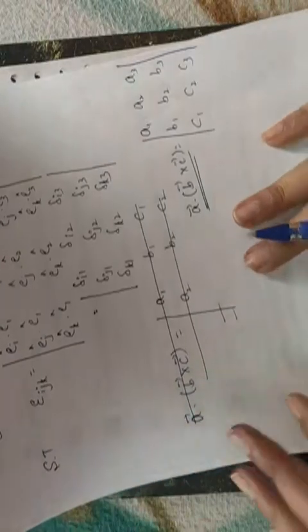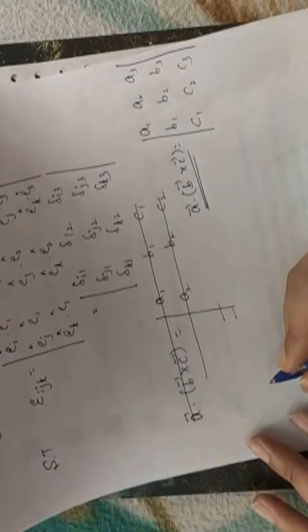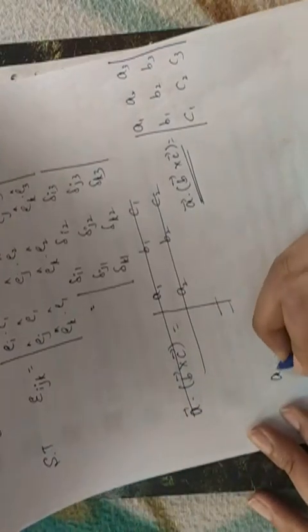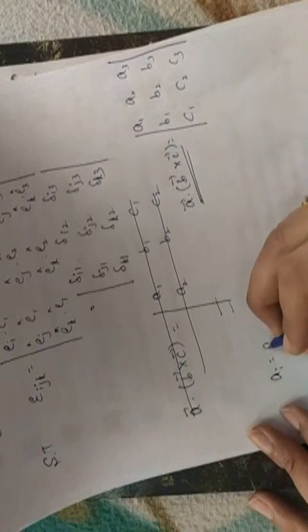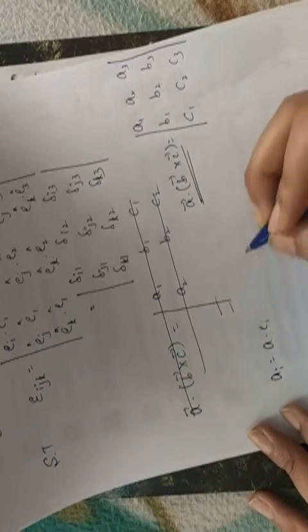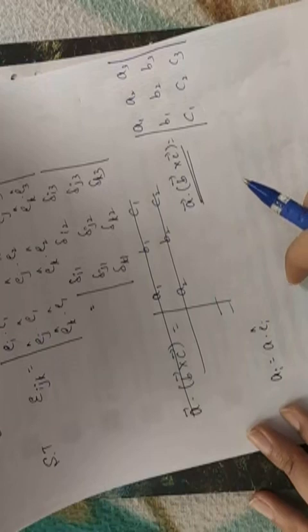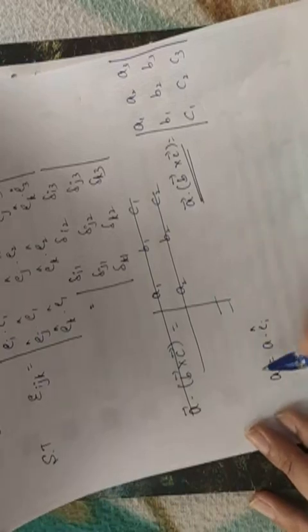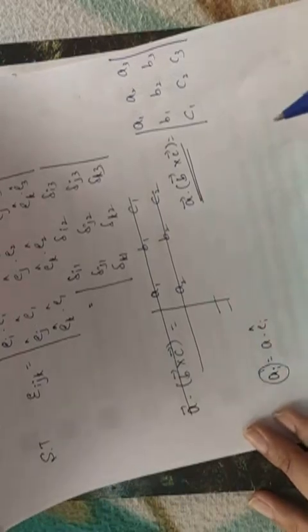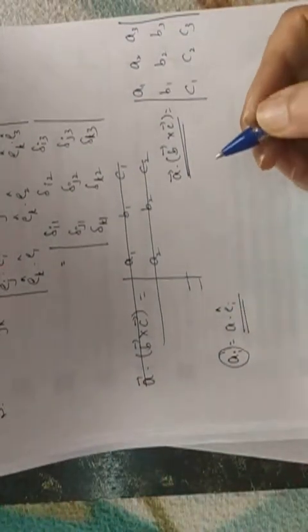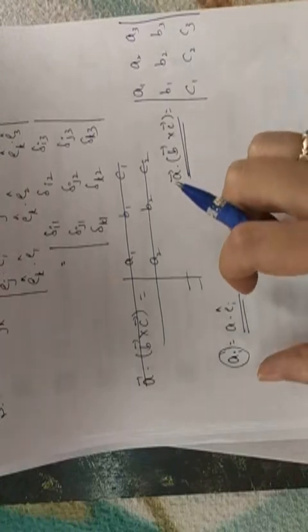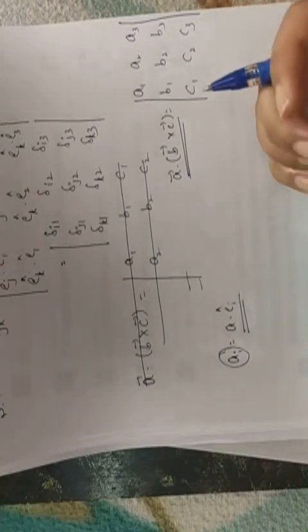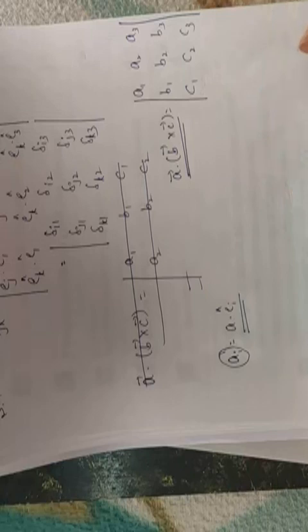So now Ai is equal to A dot ei cap. So this is how we can express our vectors. Expressing Ai as A dot ei cap, this concept comes under the parallelogram law of addition of vectors.